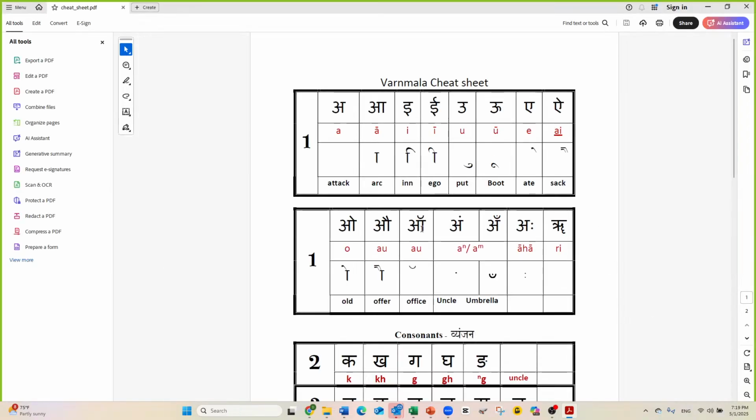Okay, now you see these are the vowels, and then you see this row here below the third one. This is the short forms, and this is what we have been doing, right?